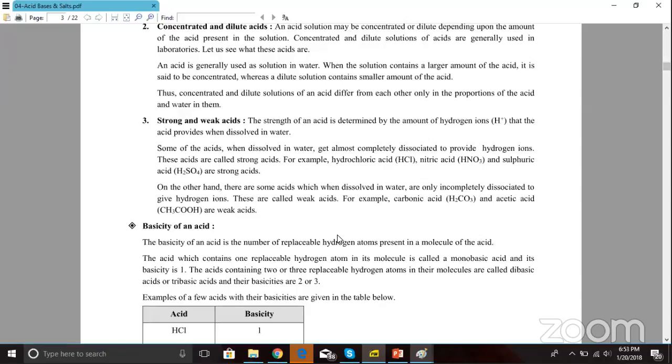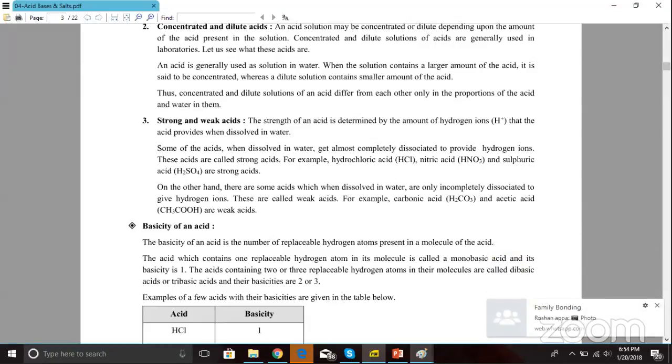The strength of the acid can be determined by the amount of hydrogen ions provided by the acid when dissolved in water. For example, HCl, HNO3, H2SO4 we call very strong acids. Suppose we take 100 molecules of HCl; when dissolved in water, we will get 100 H plus ions as well as 100 Cl minus ions.